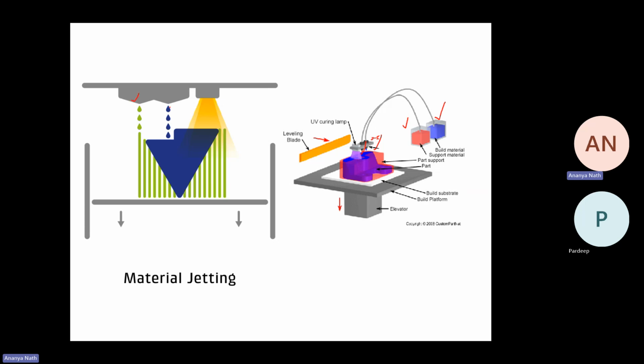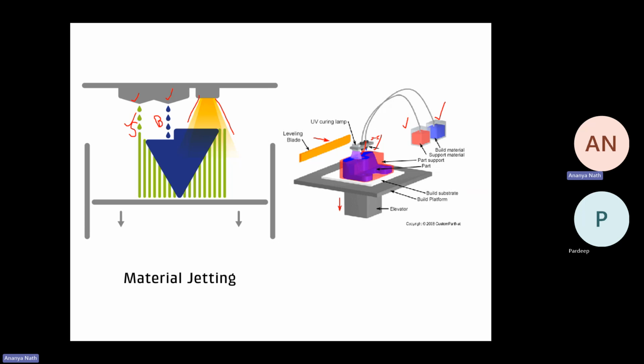So this is my nozzle 1, this is my nozzle 2, this is the support material S, this is the build material B. Droplet by droplet, the liquid polymer is coming, getting deposited. At the same time, a UV light source is also coming to quickly cure the liquid droplet.